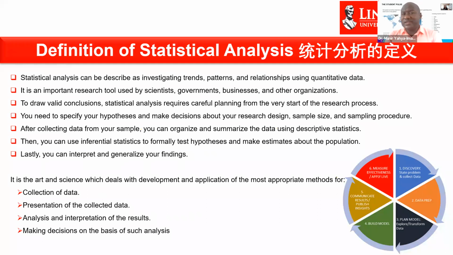Now, to draw a valid conclusion, statistical analysis requires careful planning from the very start of the research process. So, meaning that you just have to get it right from the very beginning. If you did not get it right from the very beginning, there's no shortcut. You have to go back and redo. And that is why the foundation is you have to understand your research problem.